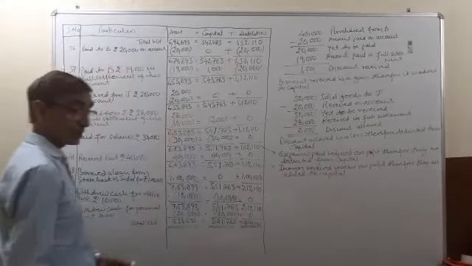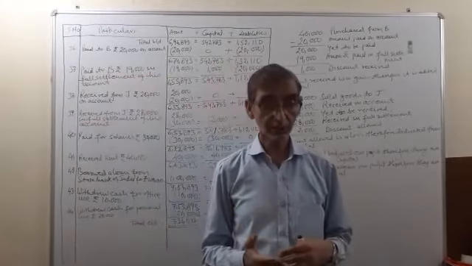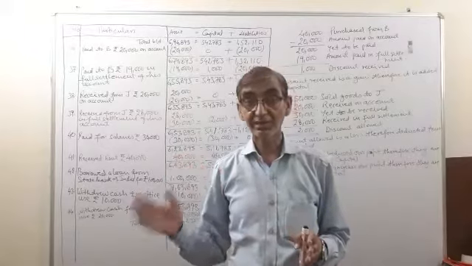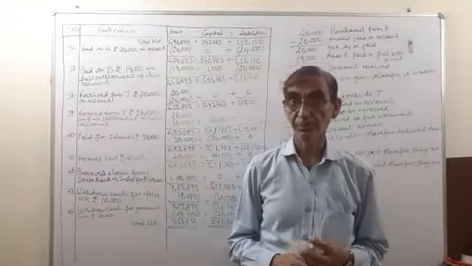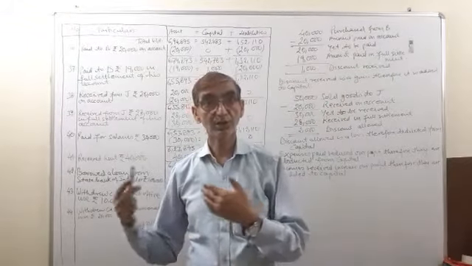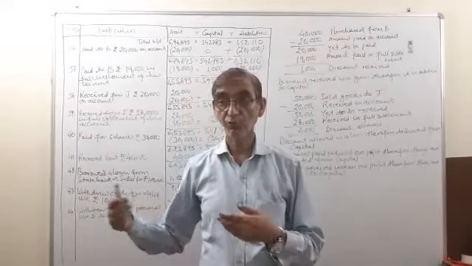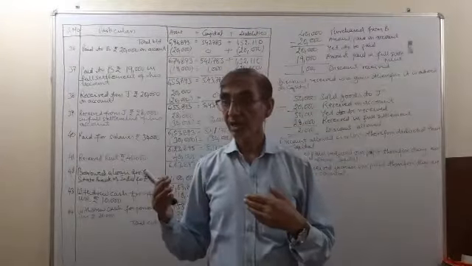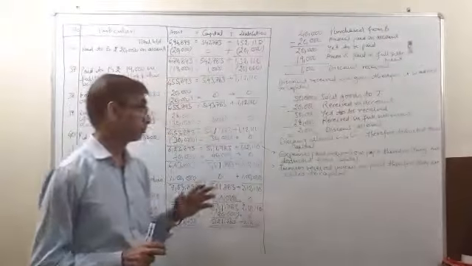Now we are going to deal with those transactions where we are going to pay our creditors and we are going to receive from our debtors. Means all those to whom we have sold goods on credit, or those from whom we have purchased goods on credit, we are going to either pay them or receive the money from them.